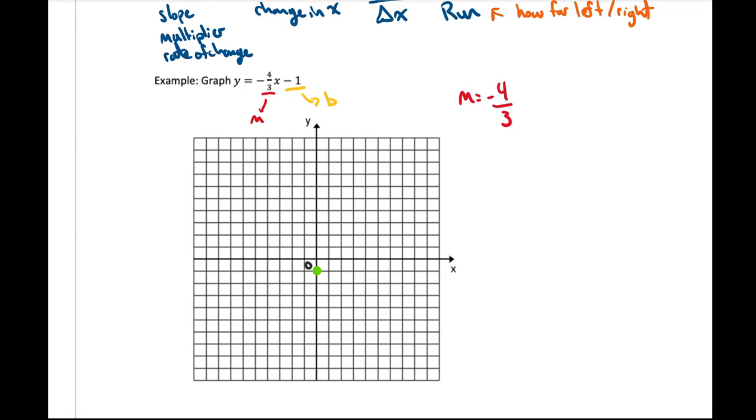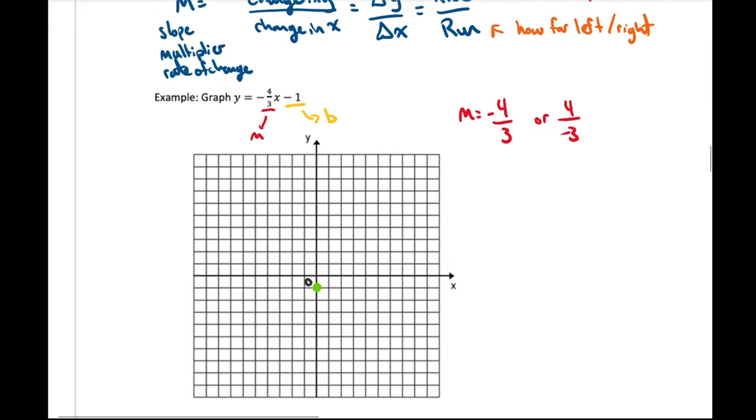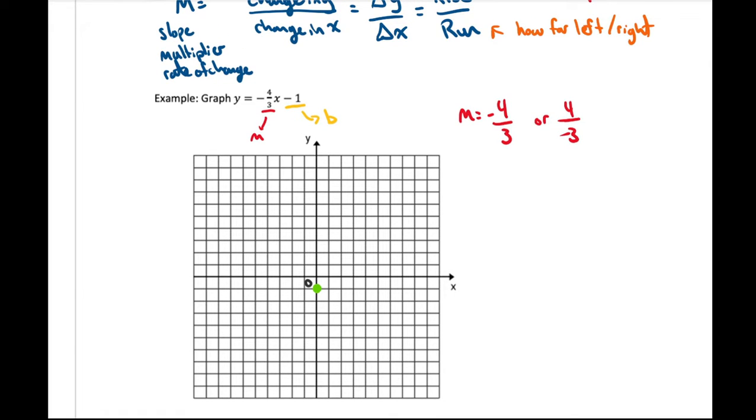Because it's a negative fraction with the negative in front, it could be negative 4 over 3 or 4 over negative 3. A negative out front can apply to either the top or the bottom, and we'll look at how that affects the graphing in a bit. So my multiplier is negative 4 over 3, or 4 over negative 3. I want to look at the rise and run.